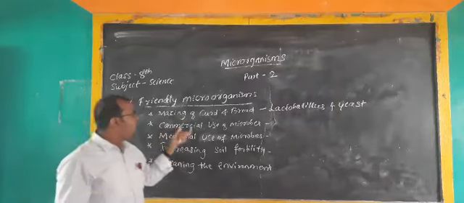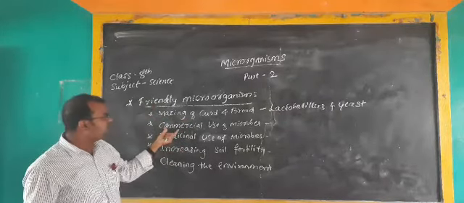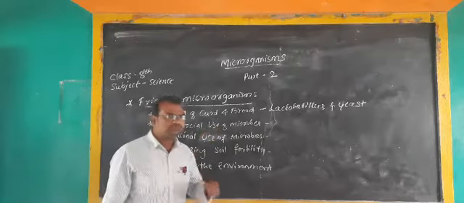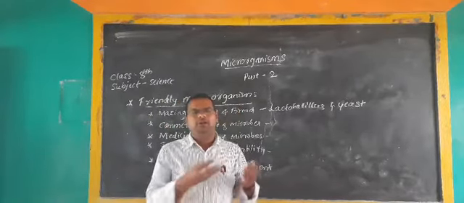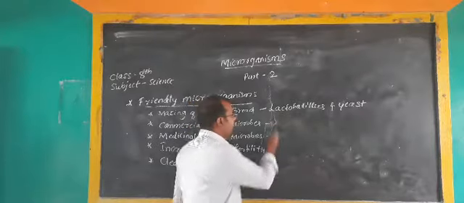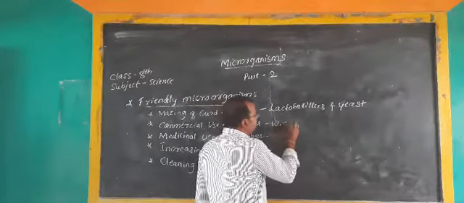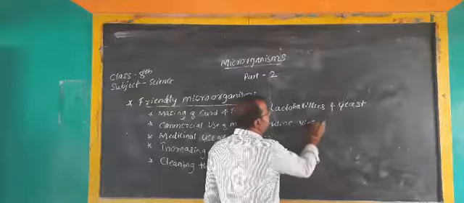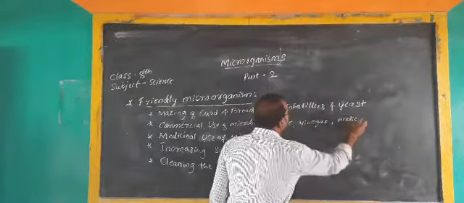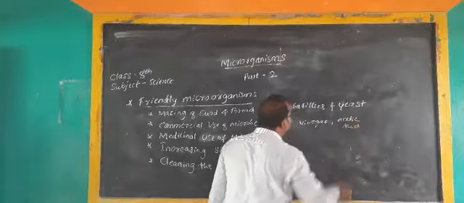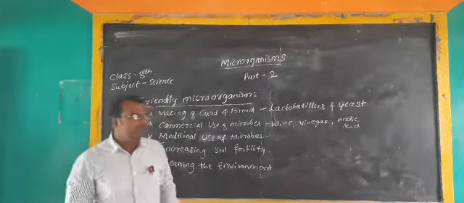The next one: there are many ways, even bacteria are useful in commercial ways. In many ways, like the preparation of wine, beer, vinegar or acetic acid, and alcohol. These are prepared by using a number of microbes.